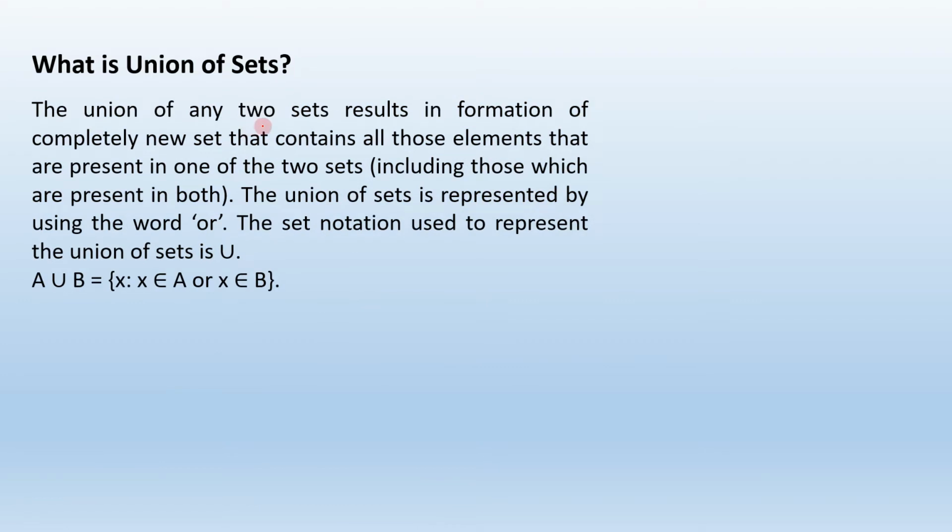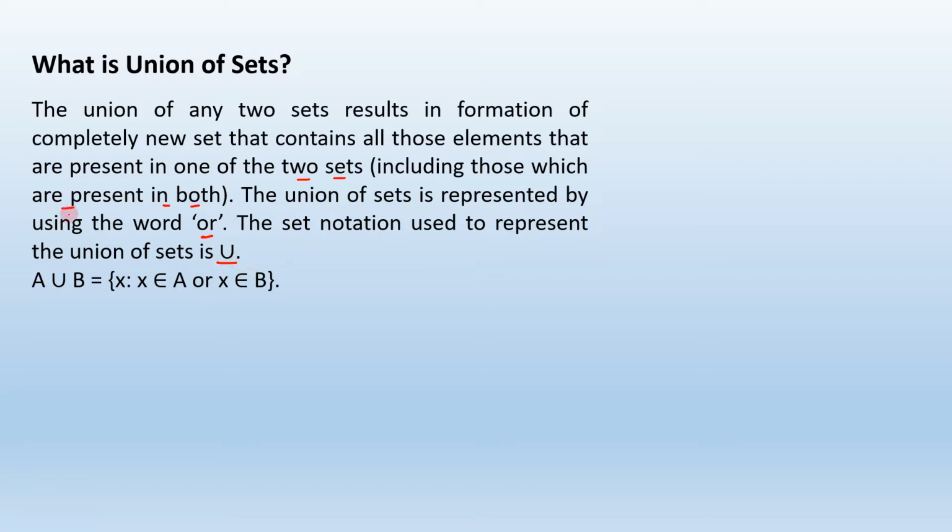The union of any two sets results in the formation of a completely new set that contains all those elements that are present in one of the two sets, including those which are present in both. The union of sets is represented by using the word or, and the set notation to represent the union of sets is somewhat like U in caps.